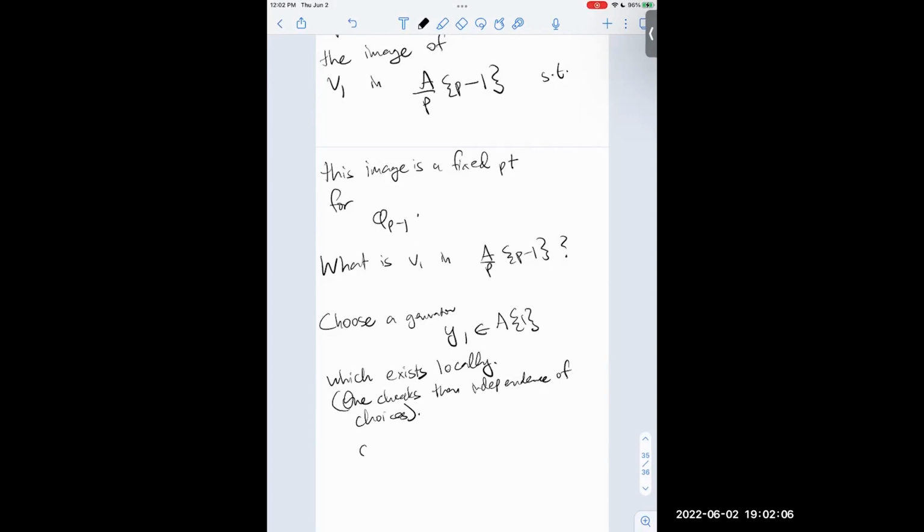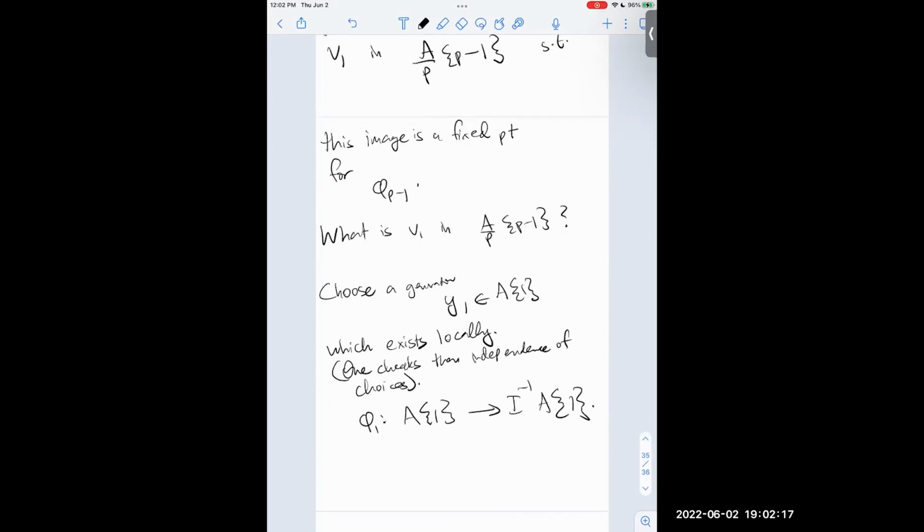Okay, so we have the map phi1, going from A twisted by 1 to I inverse times A twisted by 1. We have this meromorphic Frobenius on the prism A. And we can apply it to y1, and consider y1 divided by phi1 of y1.